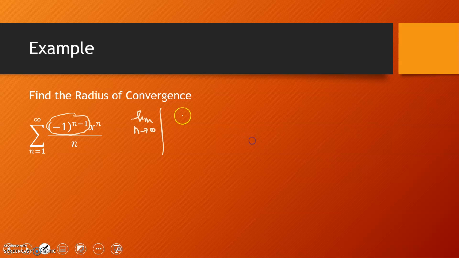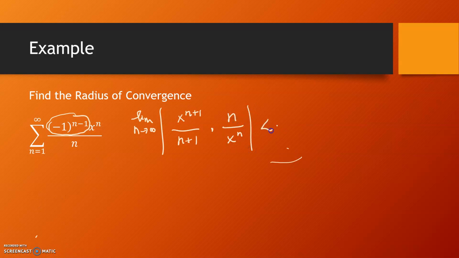So I'm going to just do x to the n plus 1 over n plus 1, because if it's got absolute value bars around it, it's not going to alternate signs anymore. And then I'm going to multiply by the reciprocal, x to the n. Reciprocal, so I'm going to put that on the bottom. And I want to make sure that's less than 1.